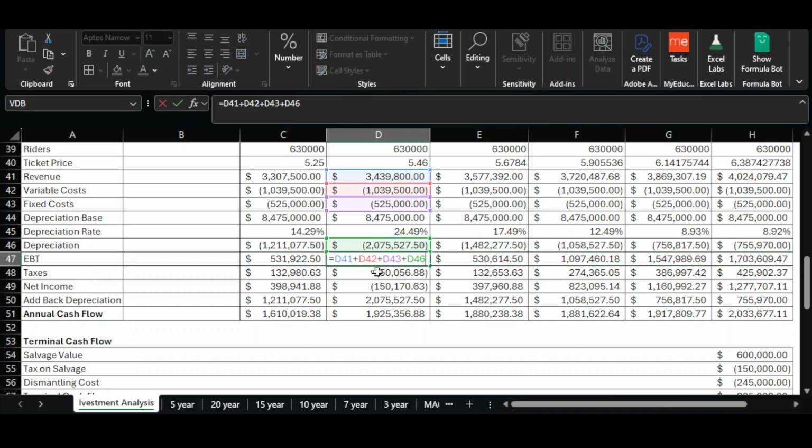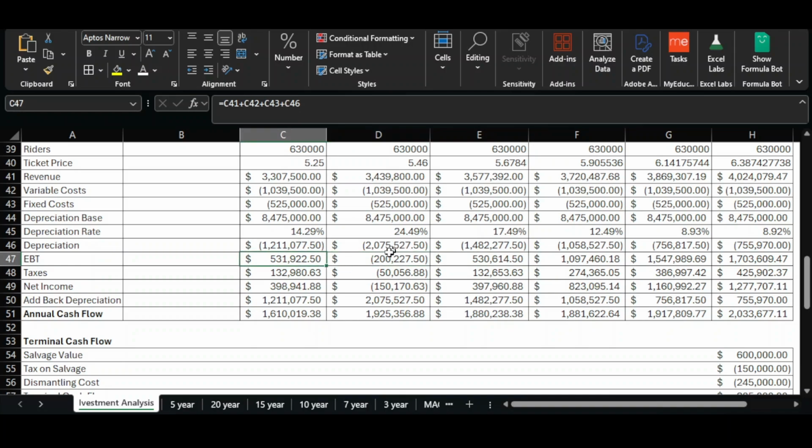If I inspect the next column, EBT, you'll see that it uses accordingly the revenue, variable cost, fixed cost, and then we have the depreciation itself for that particular year, which is year 2. I'm just showing you that they must all be referring to their own columns.